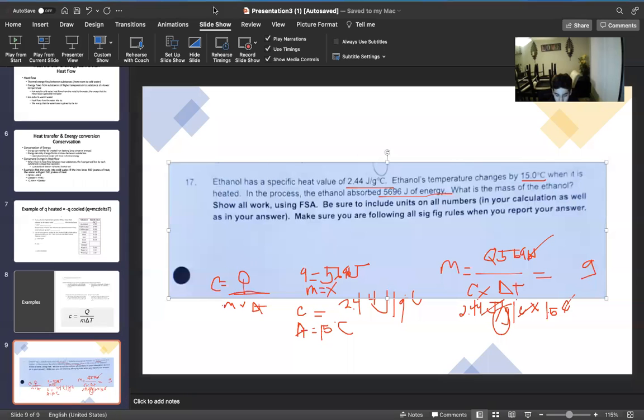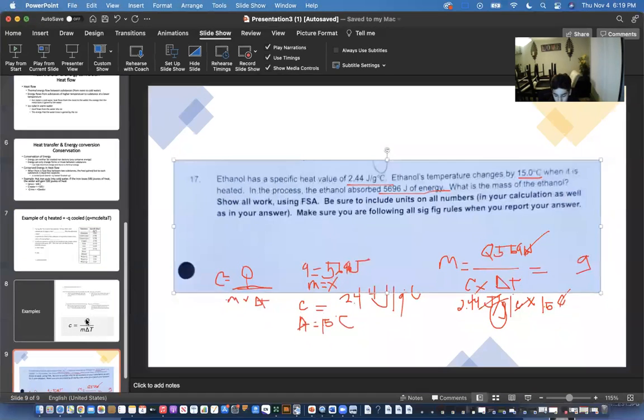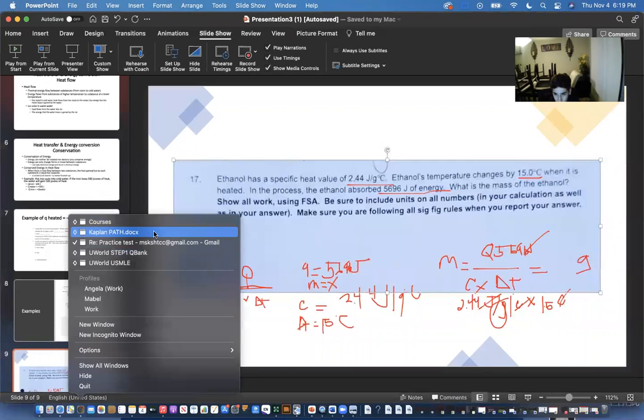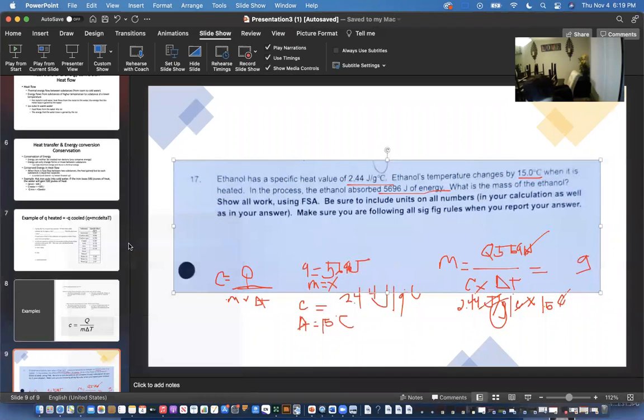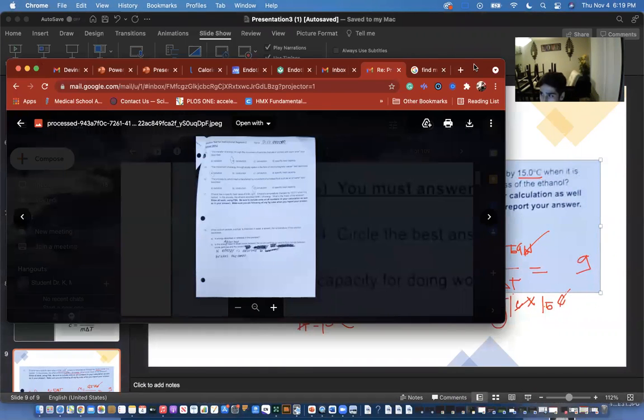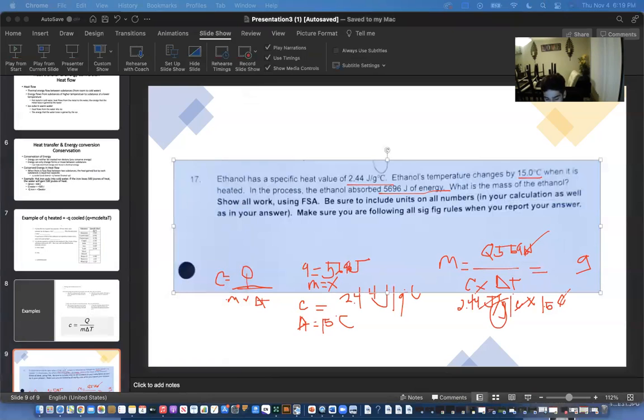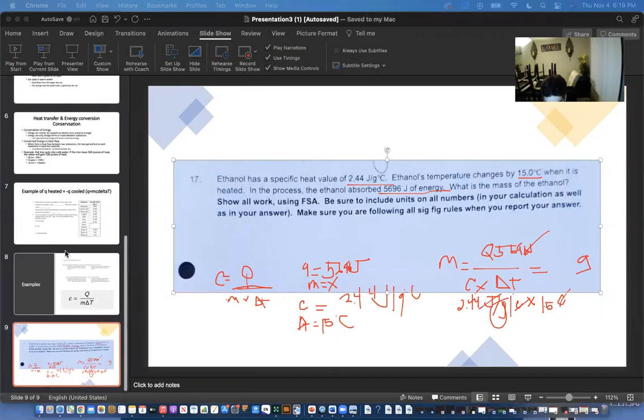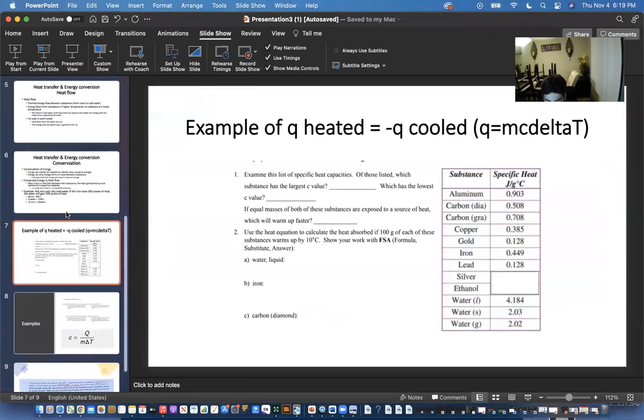Right, so you know your equation for everything else when you're looking for temperature and just heat, right? Because heat is just multiplication.